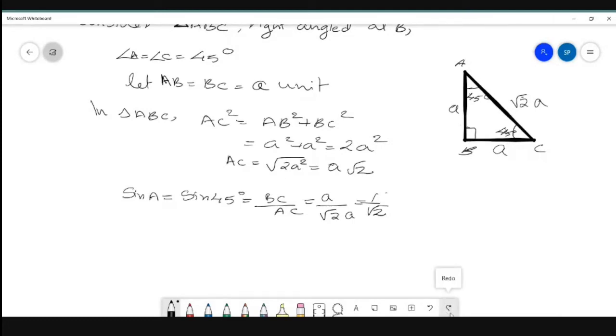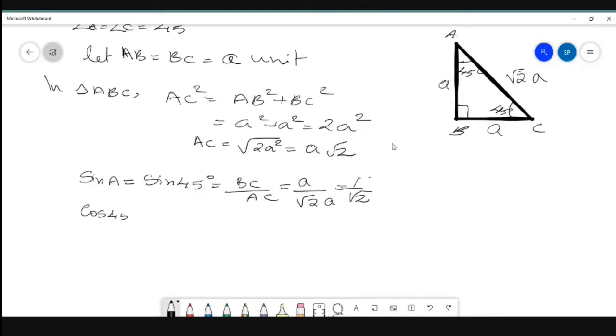Okay. Now we'll see what is cos 45. Cos 45 equal to, with respect to 45, that is with respect to A, its adjacent side is AB, hypotenuse AC. So it is AB divided by AC. So cos 45 is adjacent side AB divided by AC, that is A by root 2A unit, that is again equal to 1 by root 2.